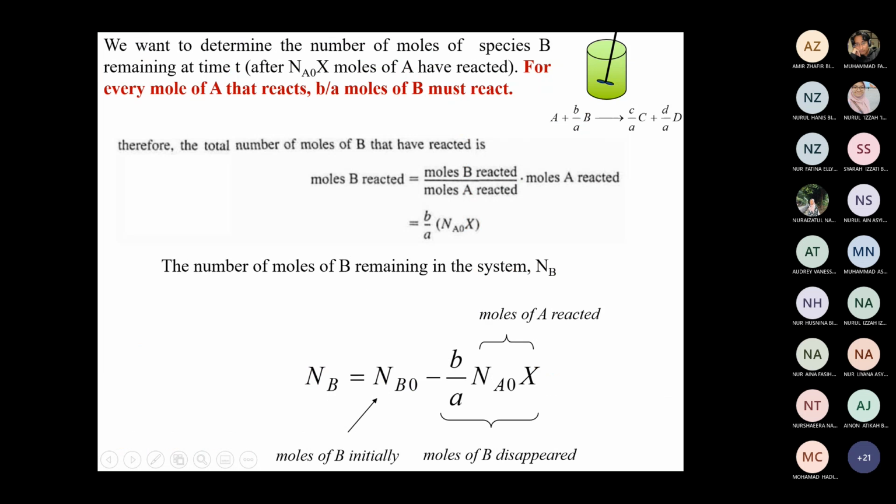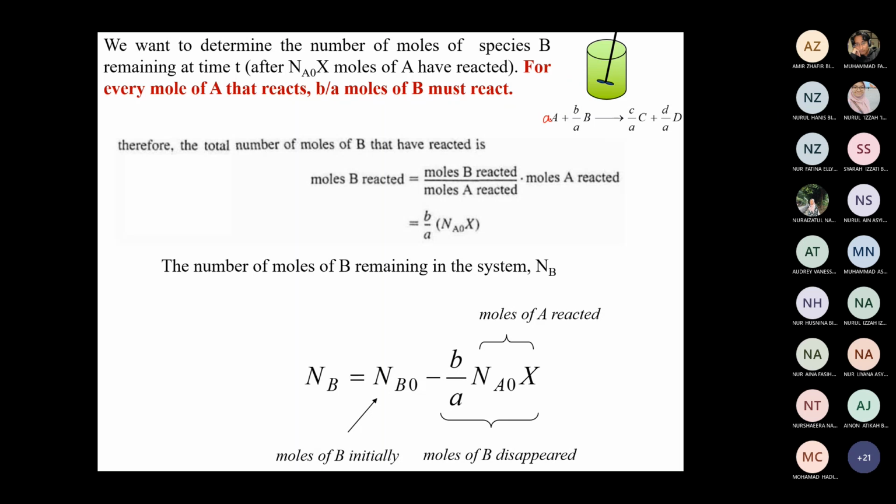Okay, right. So we want to determine the number of moles of species B remaining at time T, after Na0X moles of A have reacted. For every mole of A that reacts, B over A moles of B must be reacted. So let's say you have a stoichiometry. Initially, we have A here.